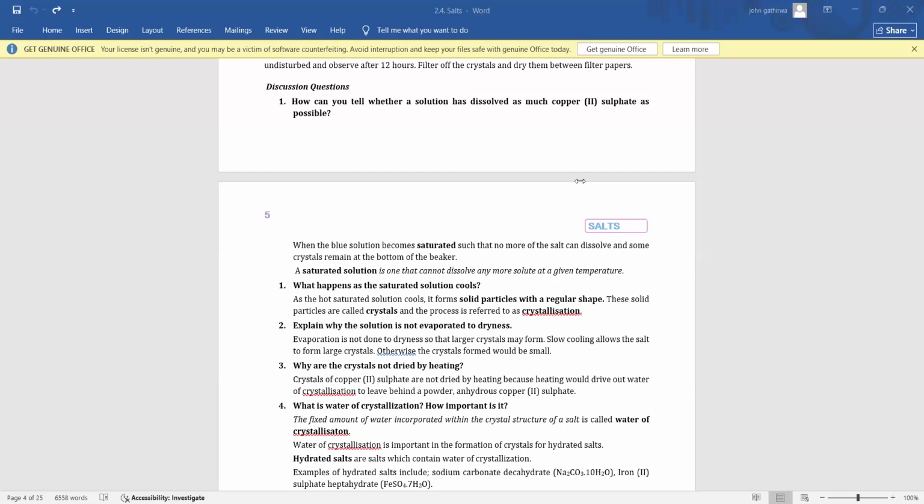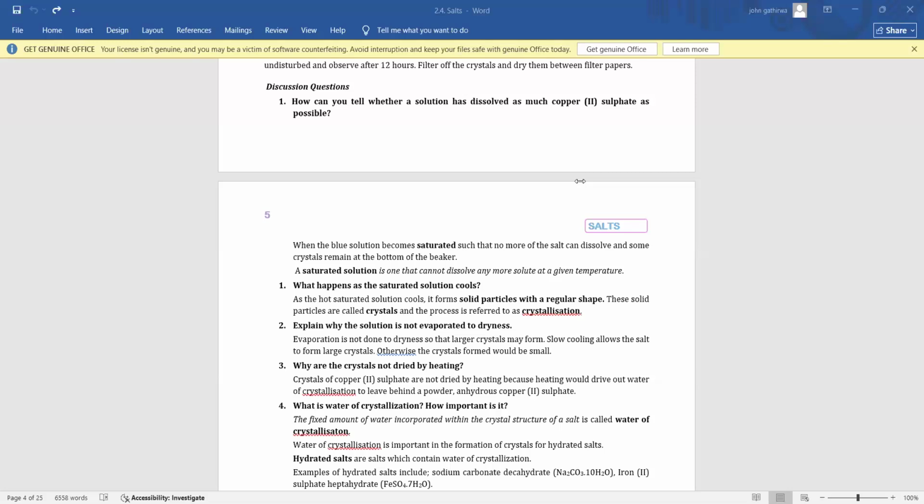We are going to start with methods of preparing soluble salts. One of the methods is direct synthesis. The other method is action of an acid on metals.